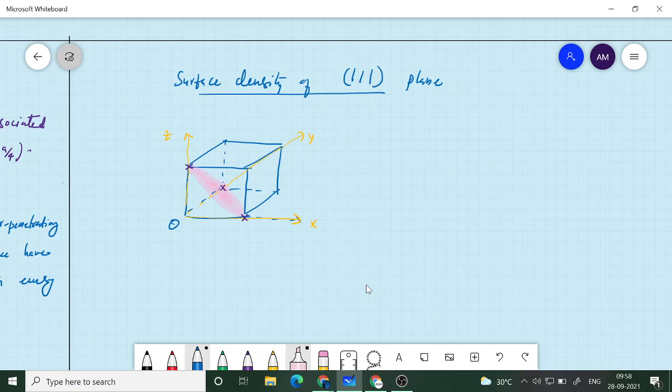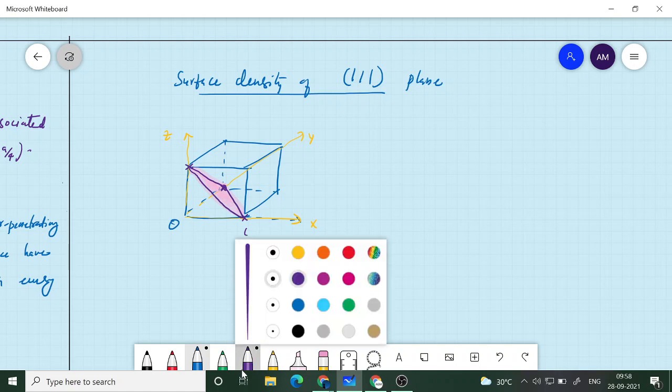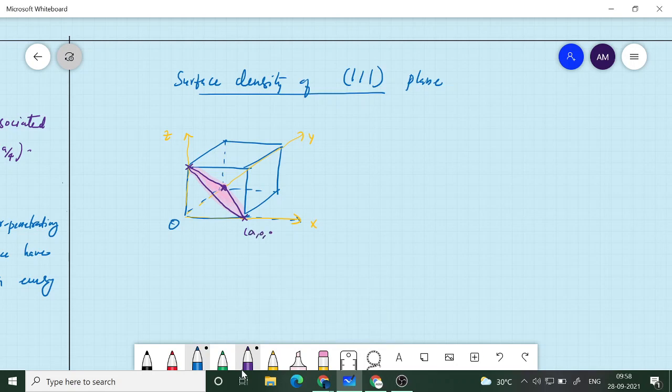If you can imagine this plane, which is joined by these 3 points, with respect to origin, you can consider these 3 points: A 0 0, and similarly on the y-axis 0 A 0, and on the z-axis 0 0 A. If you join these points, you will get something like a triangular shape.